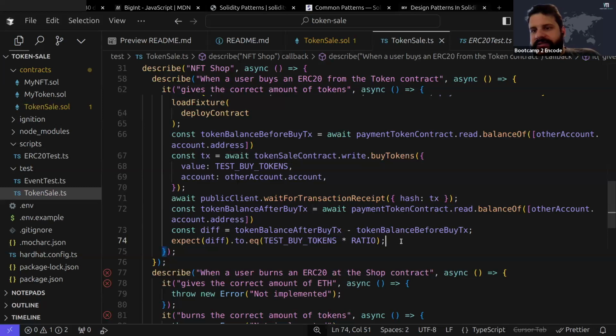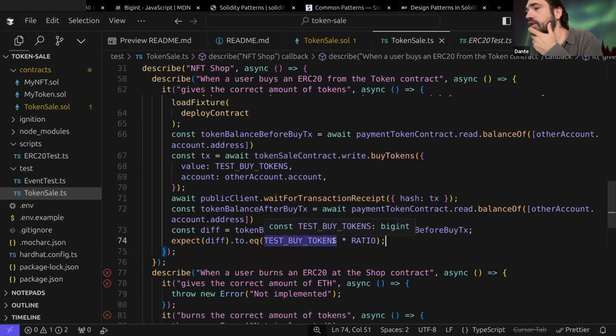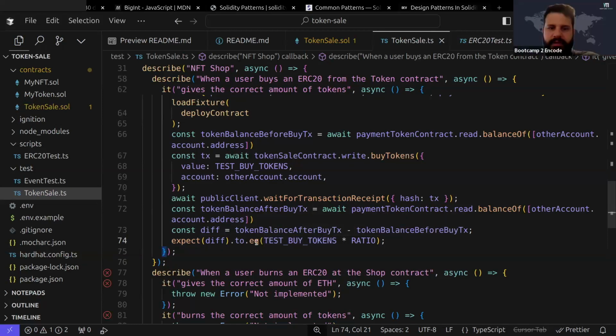Okay, I have 3 questions. One from Trust, one from Arda, one from Dante. I just wanted to ask: mine says toEqual testBuyTokens, right there where your cursor's at. And you have eq. Is it the same thing? Mine says equal instead of eq.